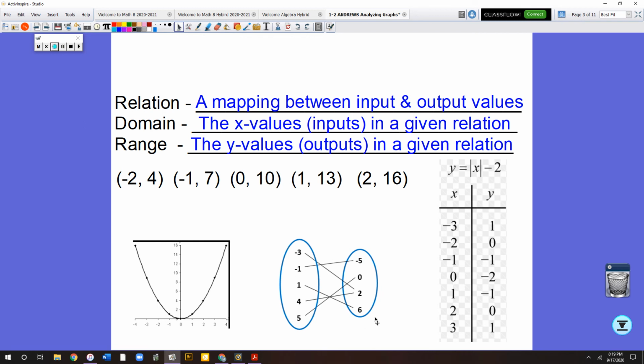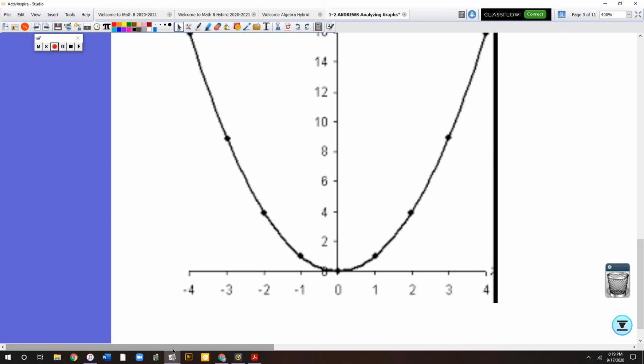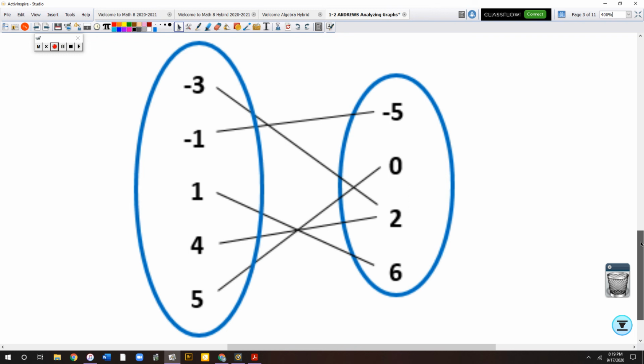It's not very common, but let me try to explain to you how this middle thing works. Okay, so let's start with a value of -3. The left-hand side is always the domain or the x values.